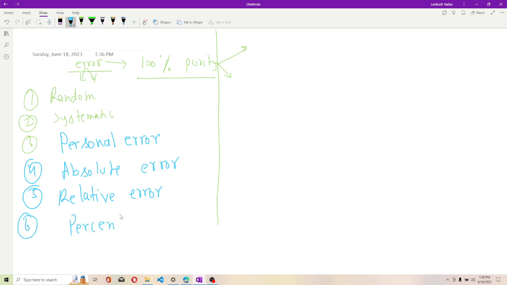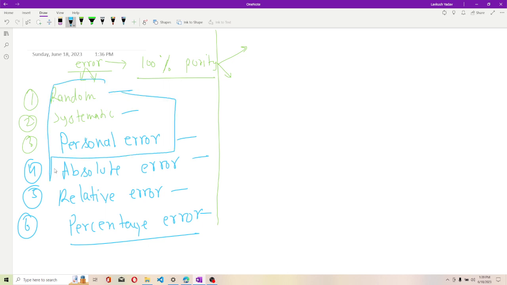Okay, so we are going to see all these errors one by one, but these errors, if I am talking about theoretical error, are more about calculation. You have to do calculation here.